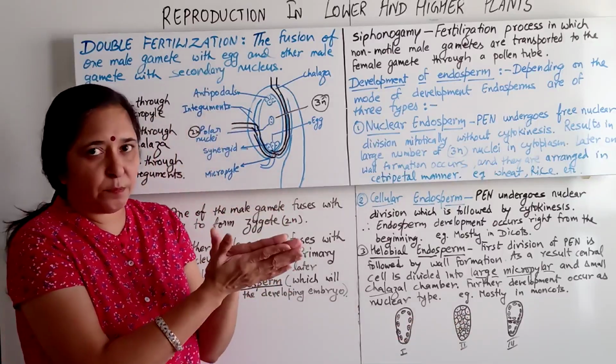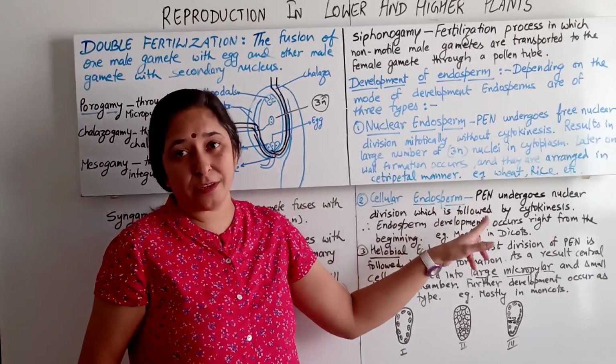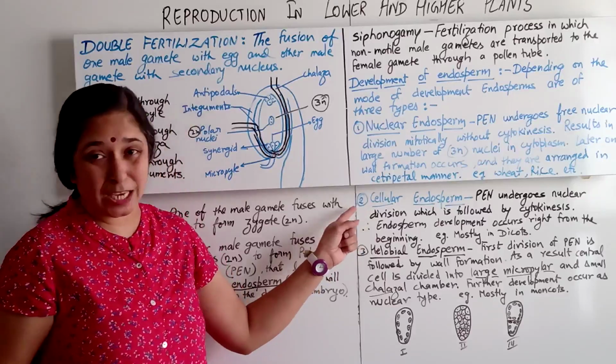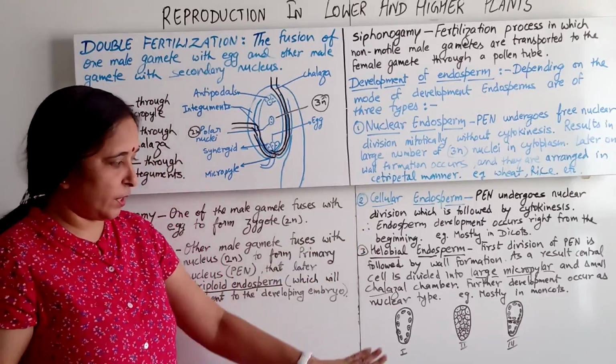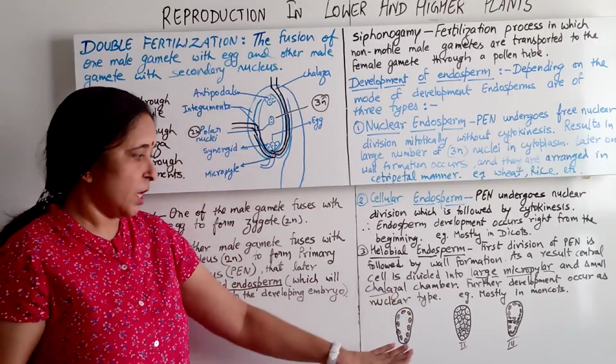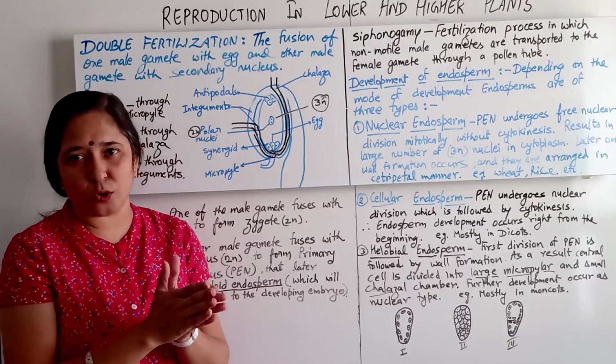So the development takes place continuously from the beginning, and mostly it is found in dicots. This is called cellular endosperm. In the nuclear endosperm, all the nuclei are arranged at the periphery; in the cellular one, they are present throughout the endosperm, mostly in dicots.